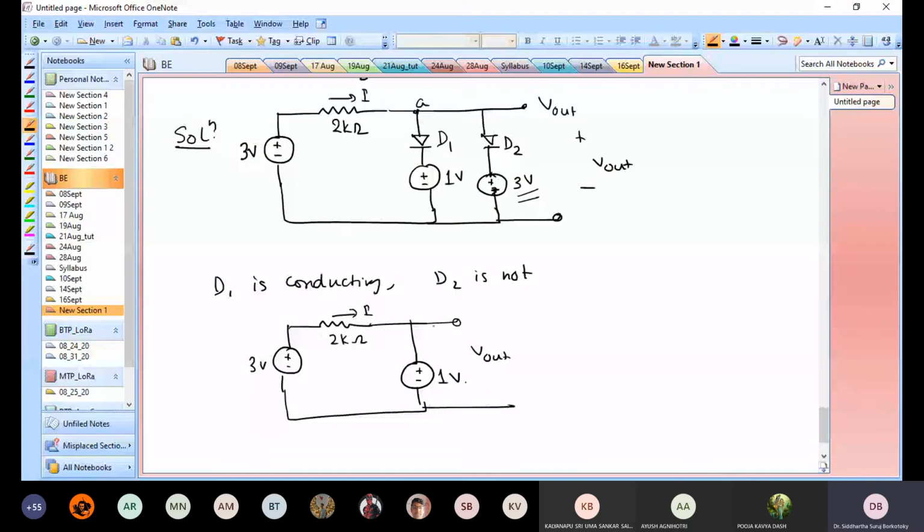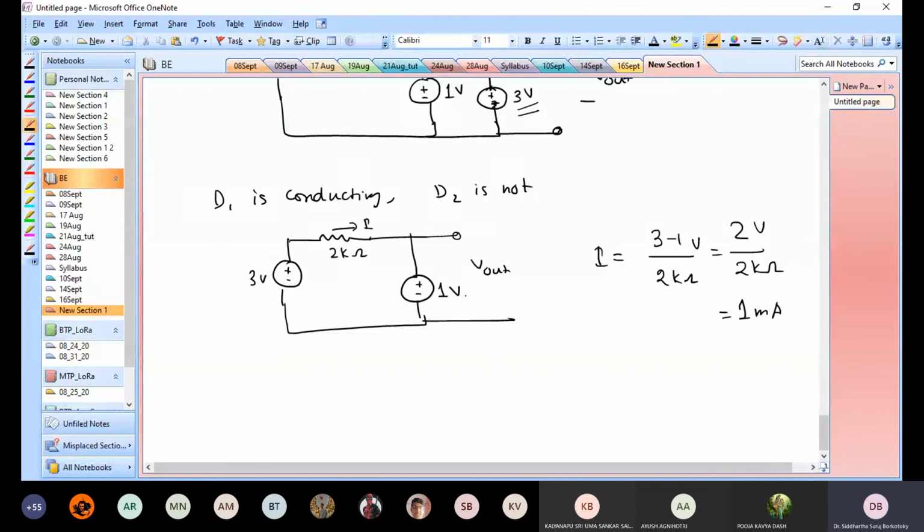So what I have is some current flowing. What is that current? That current is the total voltage in the circuit, and that voltage is 3 minus 1 is equal to 2 volts. And what is the resistance? That's 2 kilo ohms. So that is 1 milliampere. So I have 1 milliampere current flowing through this circuit. So that is my value of I.